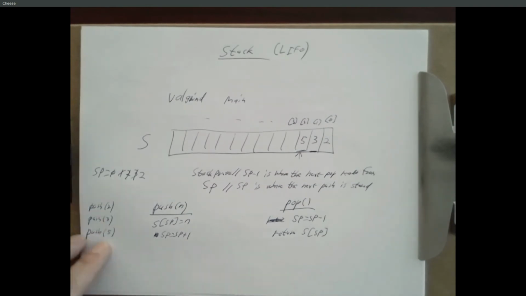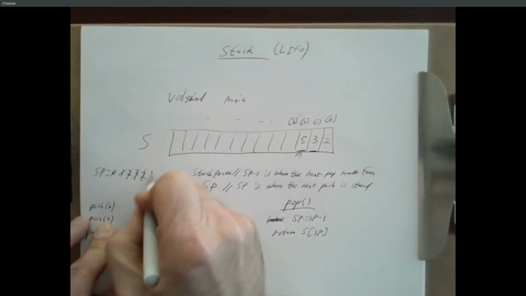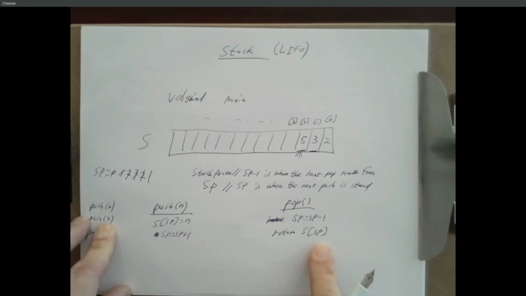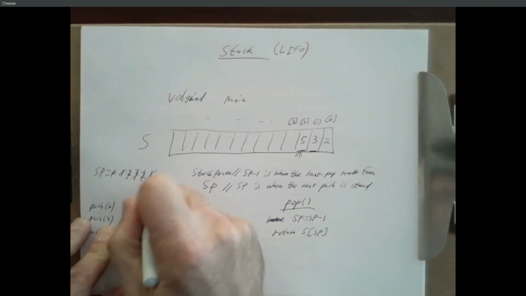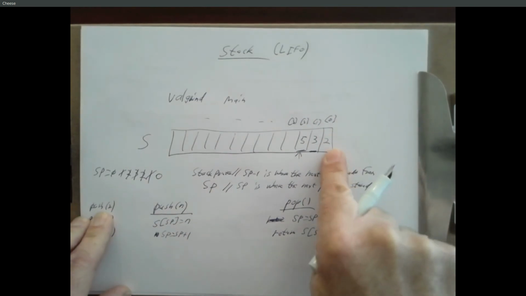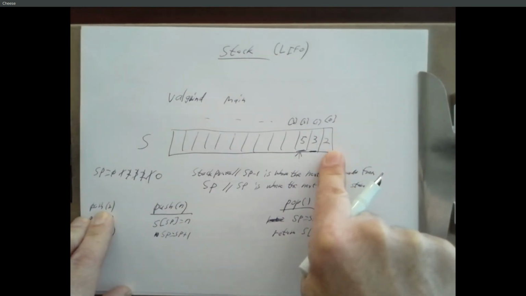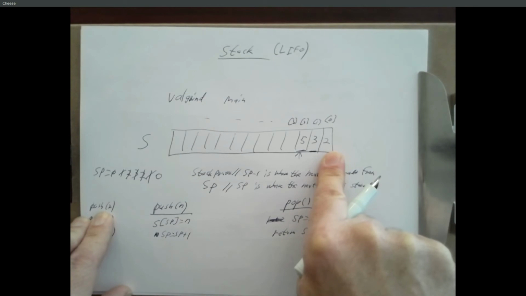All right, we popped off the 5, let's pop off the 3. So we call pop, stack pointer gets decremented, we return element 1, that's the 3. Call pop one more time, stack pointer gets decremented, we read element 0, return the 2. Our stack is empty now. So how can we tell that the stack is empty by looking at SP?